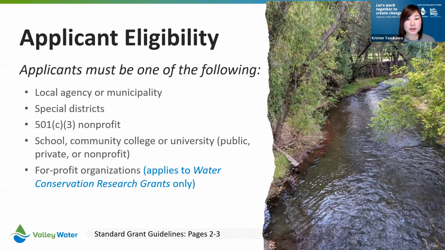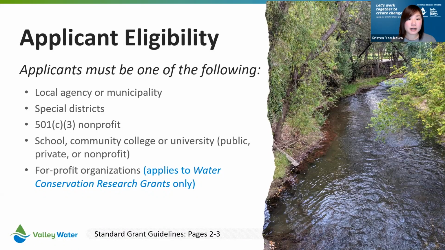Okay, so you may be wondering, can I apply? Am I eligible? So this year, our applicants are eligible if they're local public agencies, special districts, or a 501(c)(3) nonprofit. That means that you have that IRS tax designation.